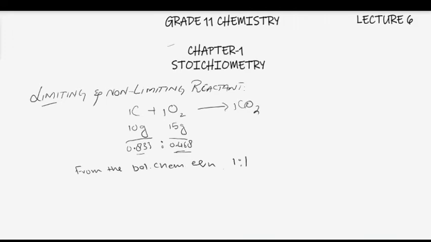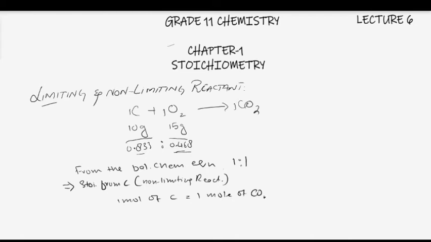Now let's see the use of the limiting reactant. For example, we do the math or the stoichiometry from carbon. That is the non-limiting reactant. So from the balanced chemical equation, we know that 1 mole of carbon will produce 1 mole of carbon dioxide.